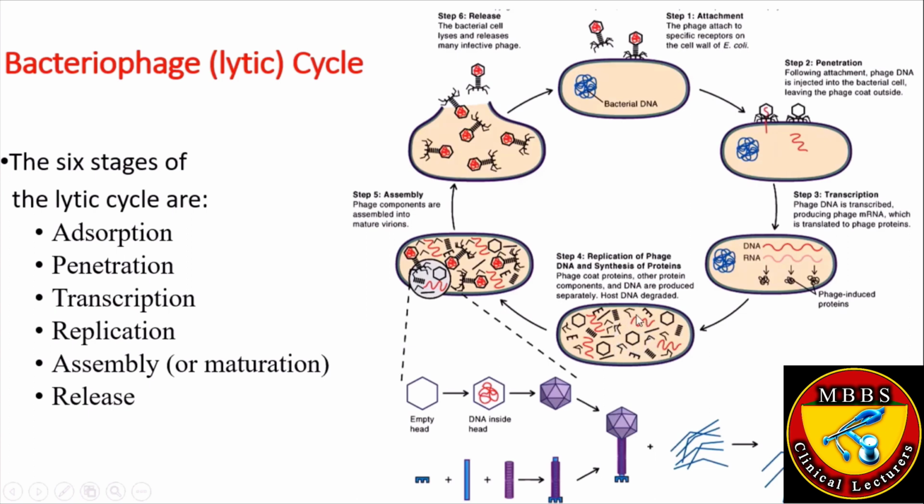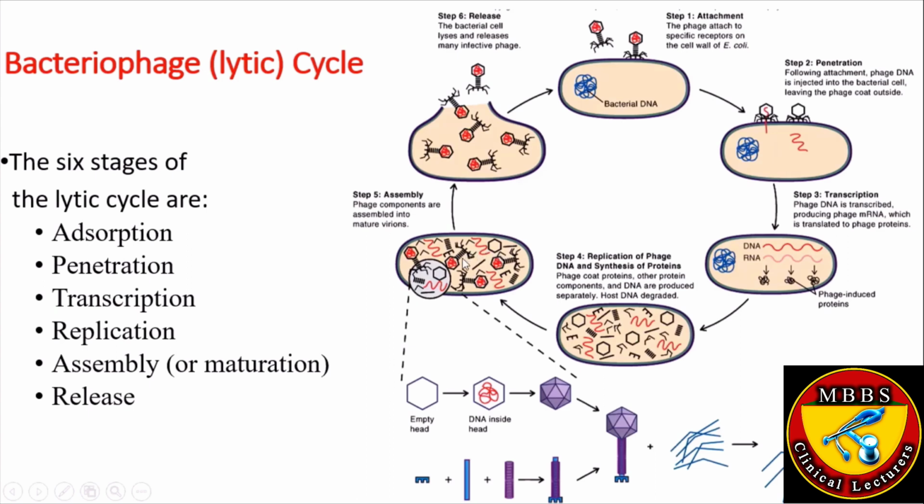You can see here the replication of the DNA and the synthesis of proteins, phage coat proteins, other protein components, and DNA are produced separately. Host DNA here is degraded. Now see, the host DNA is also degraded. So what happens after this? The assembly occurs. The different structures which are present here, this is the genome, this is the capsid, these are the other parts of this bacteriophage.